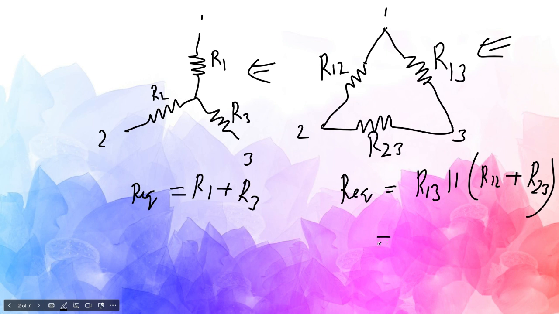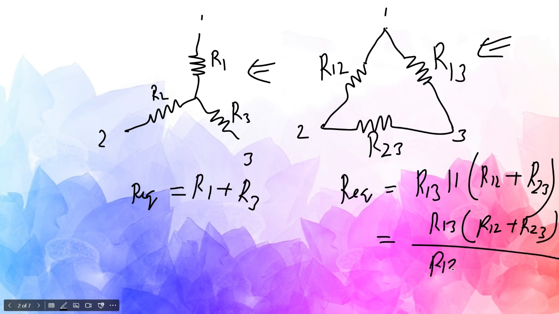So how much is that? It will be R13 into R12 plus R23 by R13 plus R12 plus R23.